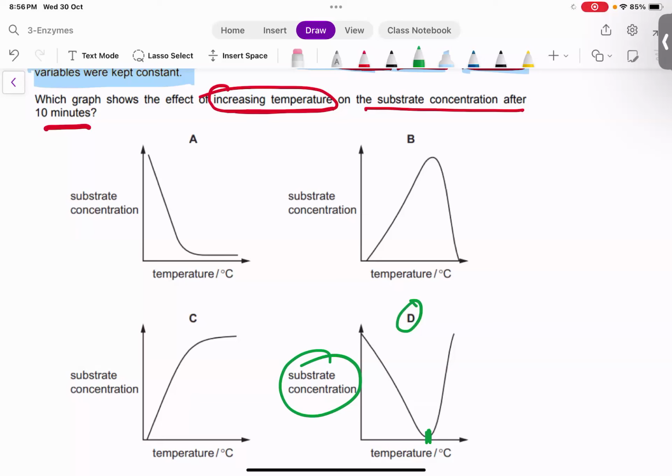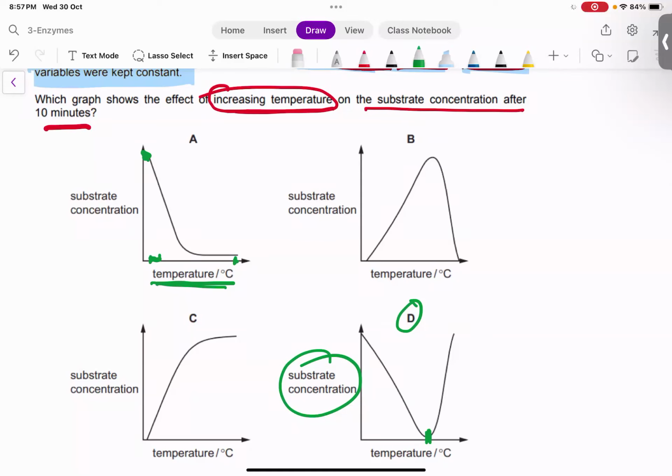What is wrong with this? When you carry out this experiment, this shows that substrate concentration is maximum at this temperature. So that's fine. But also at very high temperature, the substrate concentration should be higher.